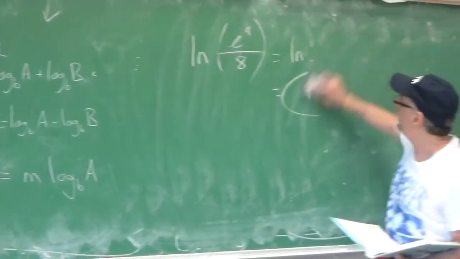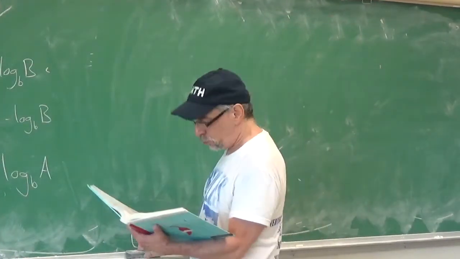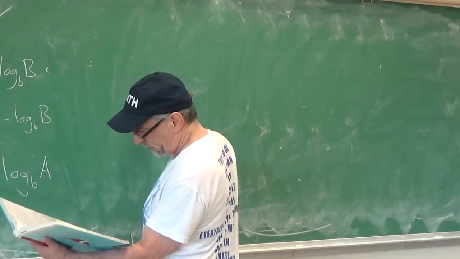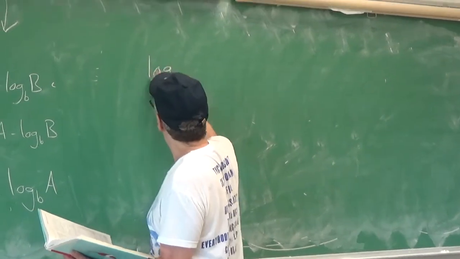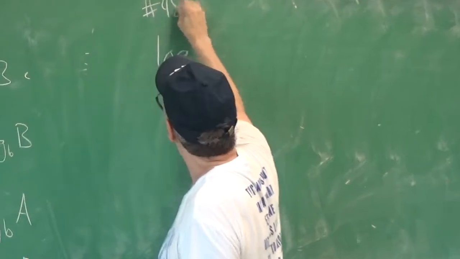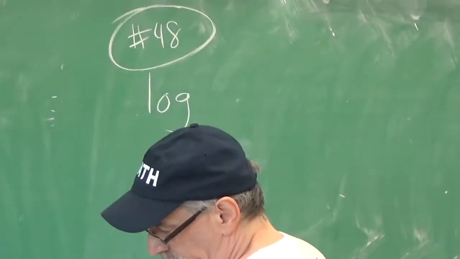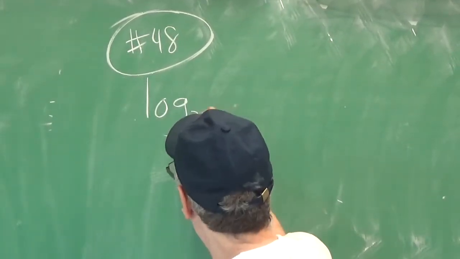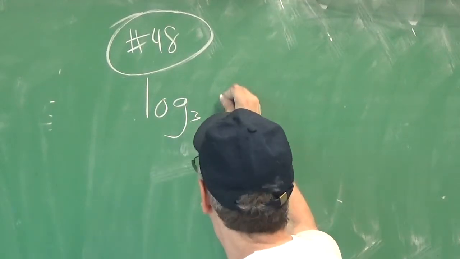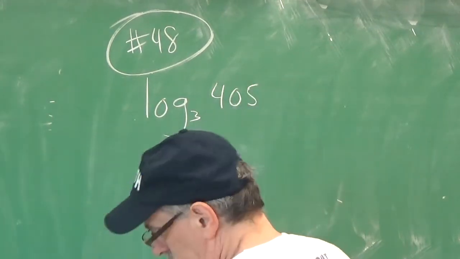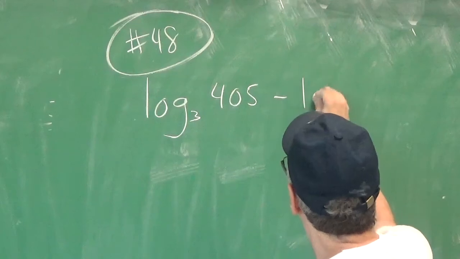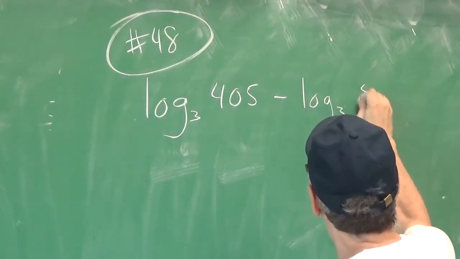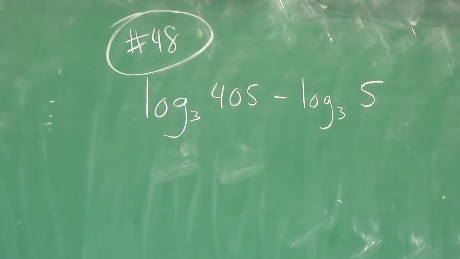All right, everything we do, you just get better with practice, right? The more you practice this stuff, the easier it becomes. Let's look at number 48 here. Log base 3 of 405 minus log base 3 of 5.